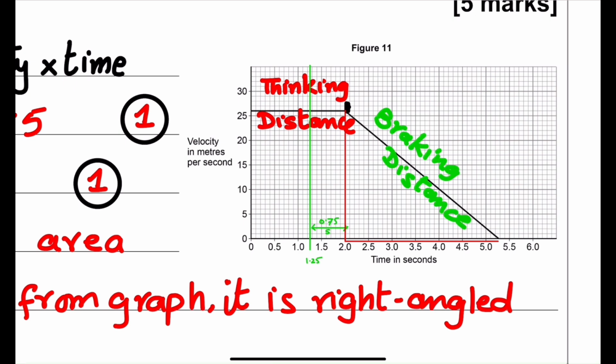If you look at figure number 11, the distance traveled when the driver is thinking to apply the brake is the thinking distance, and it is like a rectangle. Whereas the area under the graph is the braking distance. Therefore, we need to find the total area under the graph in this region to find the stopping distance.